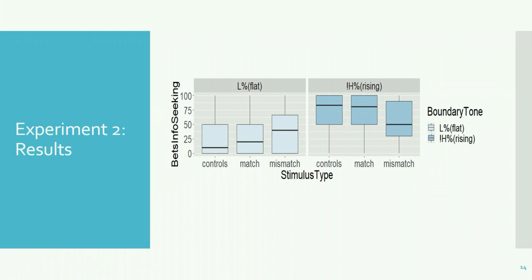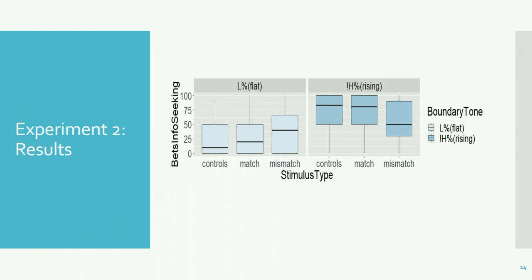Although we see that low boundary tone mismatches led to higher bets than low boundary controls and matches, and that high boundary tone mismatches led to lower bets than high boundary tone controls and matches, the two sets of mismatches remain distinct. And that's about the results of experiment 2.